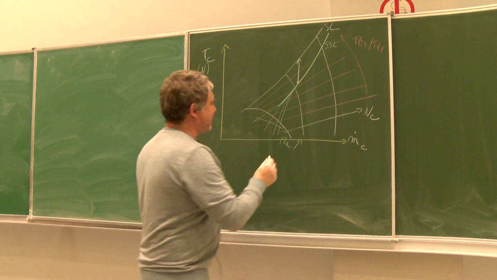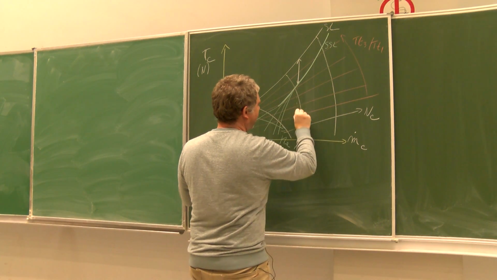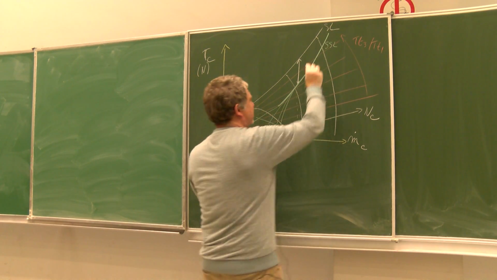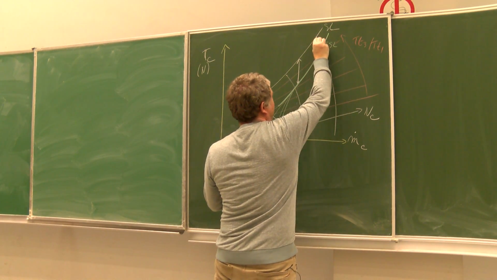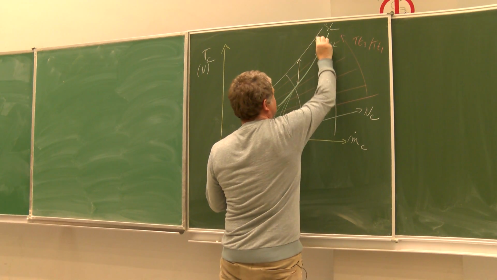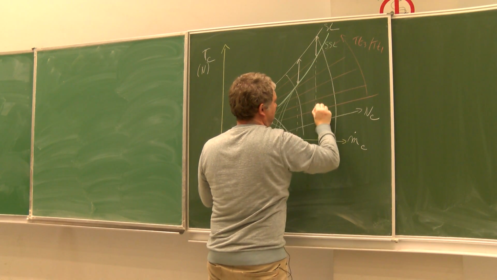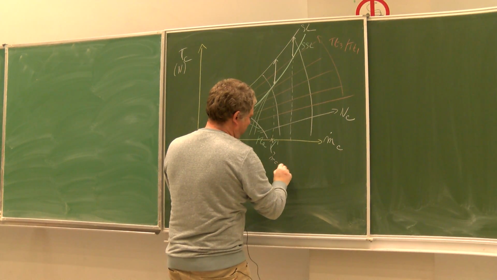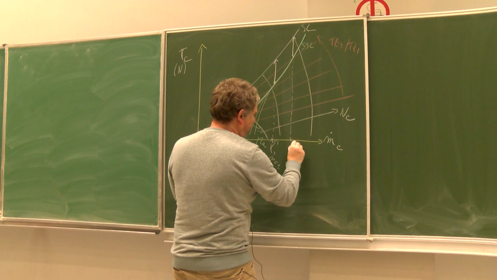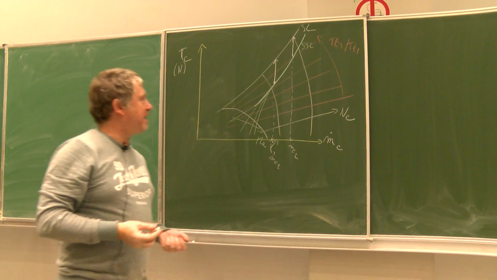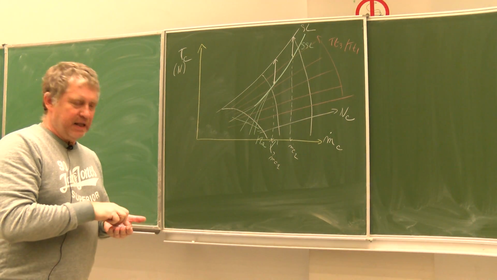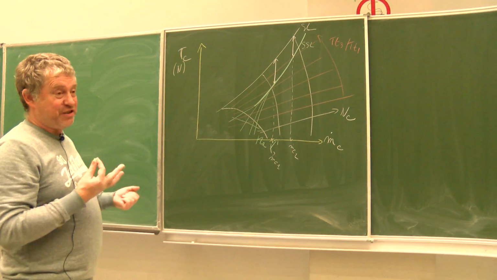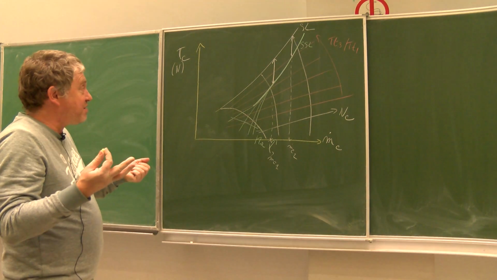You see that this distance is changing with m dot. In the example that I took, this distance is changing with m dot. So this is at m dot corrected 1, this is at m dot corrected 2, and you see that this distance is changing. This distance, you see, is not the pressure ratio, it's something else.